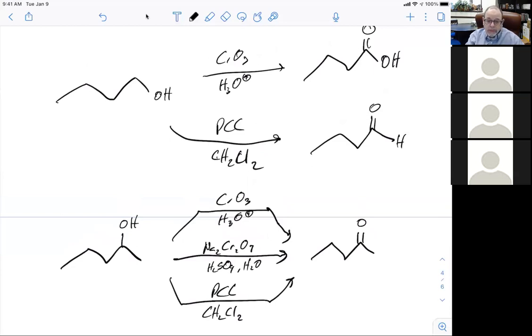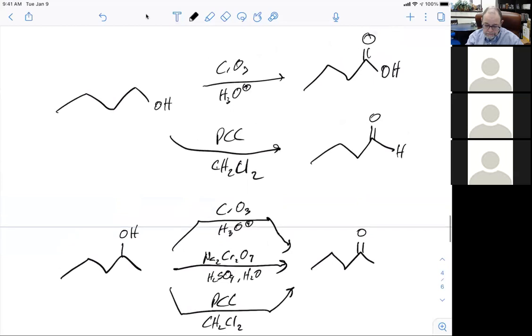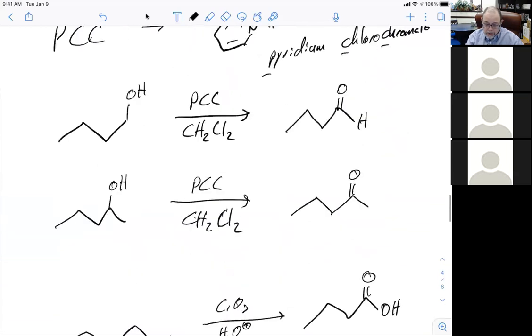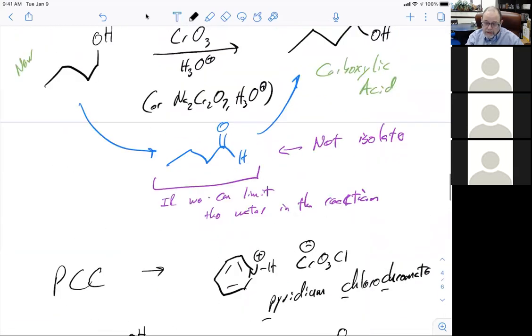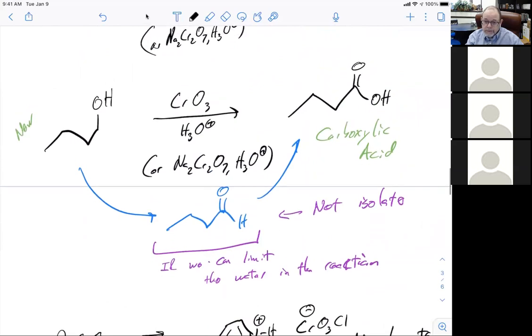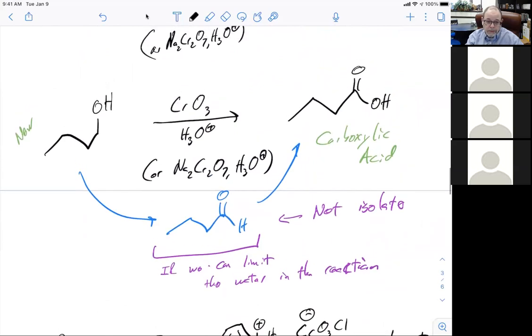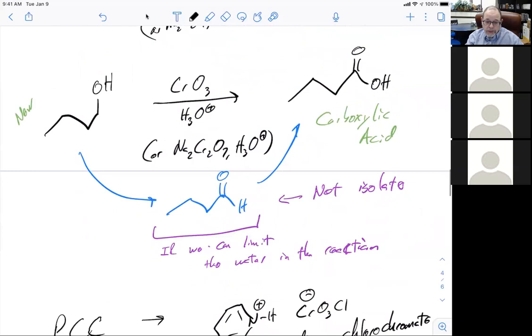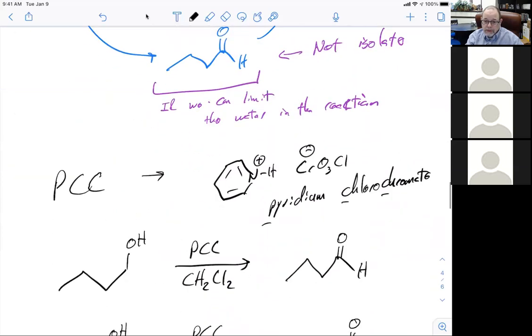Does anybody see the problem with these oxidants? Especially if we were trying to make pharmaceuticals. Well, all of these oxidants use what? Chromium, right? Whether it's chromium anhydride, sodium dichromate, or PCC, it's a heavy metal, so we want to limit that.